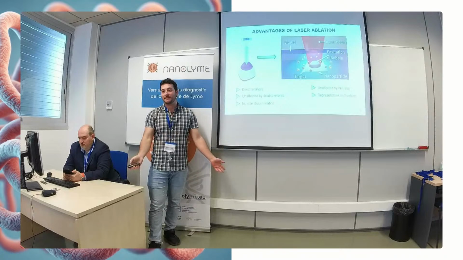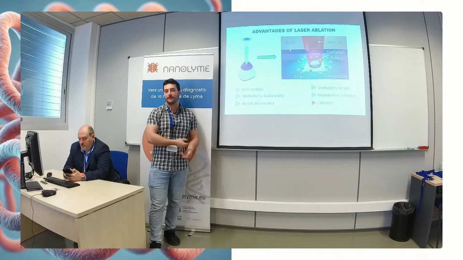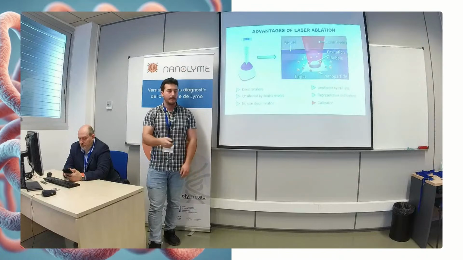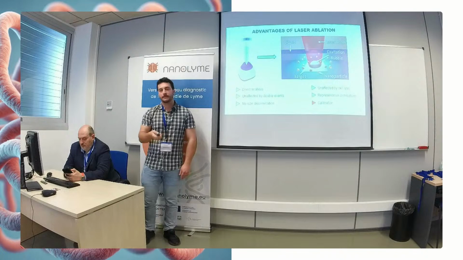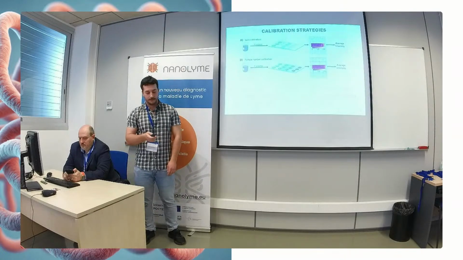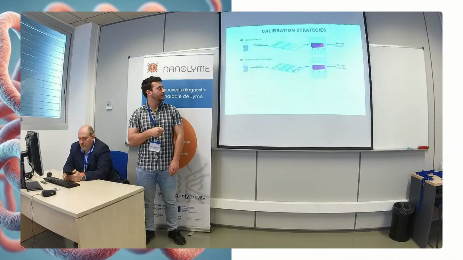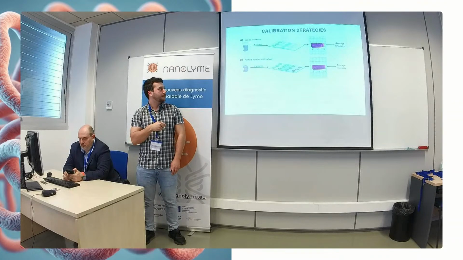There are many advantages, but here comes the limitation, as always, and it's calibrating. Calibrating in suspension is easy. It's easy to have liquid calibration standards, but when working with solid samples, it's not so easy. One of the strategies commonly used is the use of gelatin standards, where you can make films containing different concentrations, either of ionic standards or particle standards.